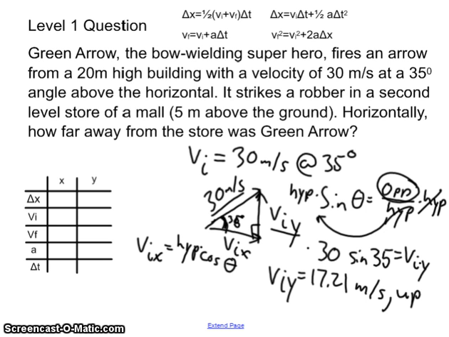So our initial velocity in the x is 30 times the cosine of 35, which happens to be, according to our handy-dandy calculator, approximately 24.57 meters per second forward.